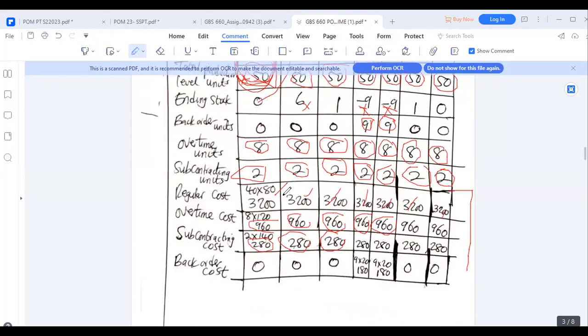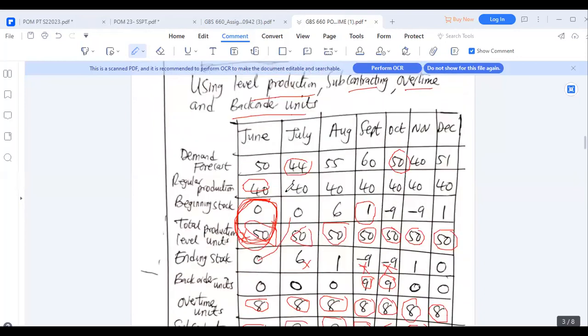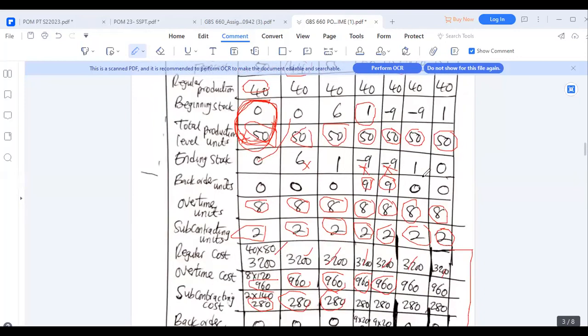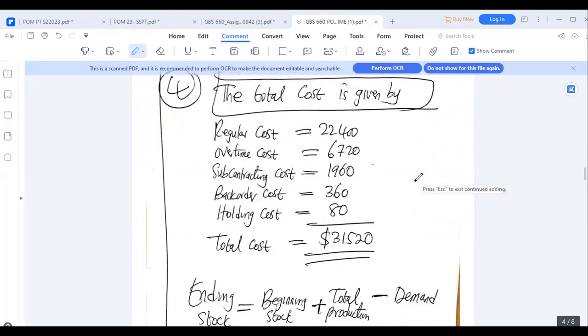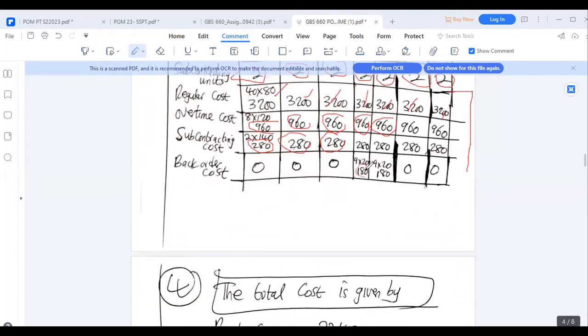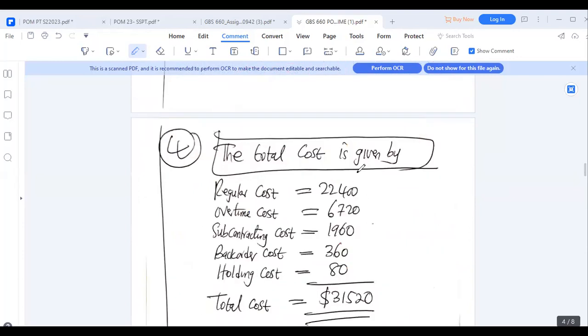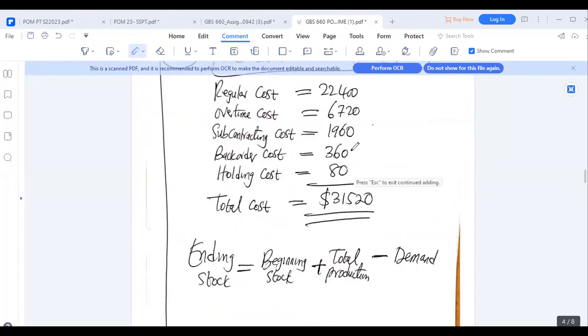Then subcontracting is paid in these months, June through to December, which is giving us 1,960. Then the back order cost, we add these ones here, which is now giving us back order cost of 360.